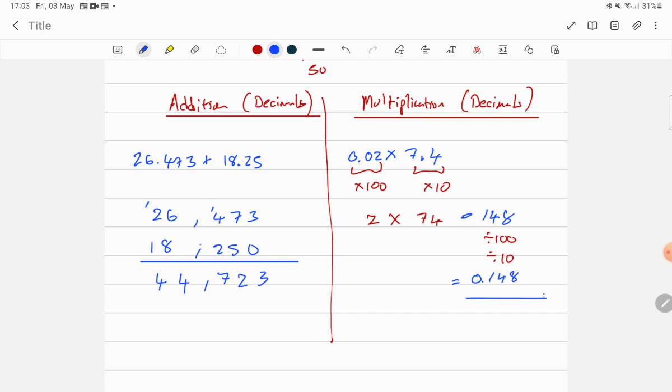So that is essentially a shortcut when you are, at least manually, multiplying decimals together. So get rid of that comma, whichever one it is, and once you get rid of it, multiply, and then divide by that same 10 or 100 that you did initially.